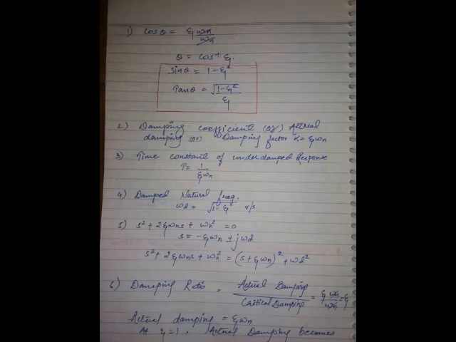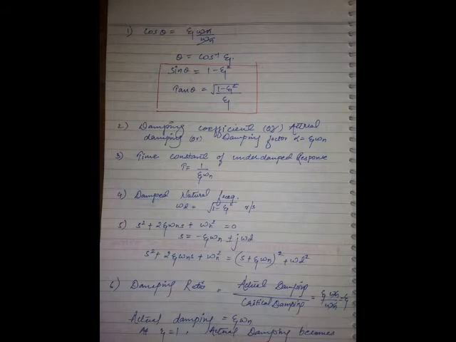This path we call the root locus path, obtained by varying the damping ratio values. It is a semicircular path with a radius of omega n. This point is minus omega n, so this distance is omega n. If you take negative values of damping, this becomes a circular path.